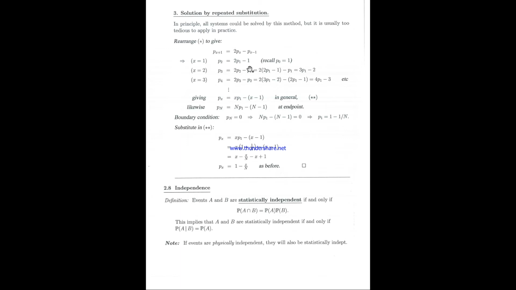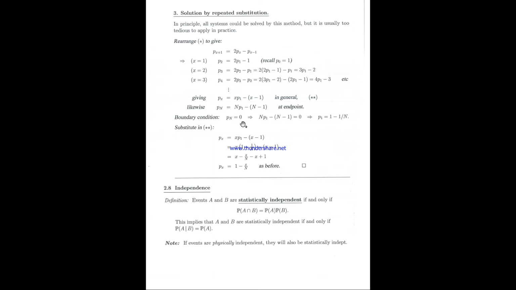So if you observe the pattern here, P2 is equal to 2 times P1 minus 1, P3 is 3 times P1 minus 2, and P4 is 4 times P1 minus 3. If you write it in the general format for Px, that is x times P1 minus (x minus 1). And for PN, that is N times P1 minus (N minus 1).